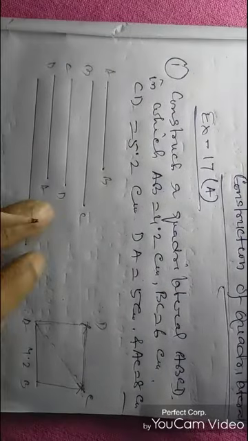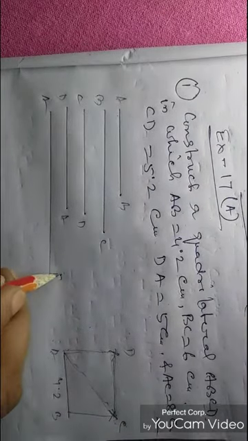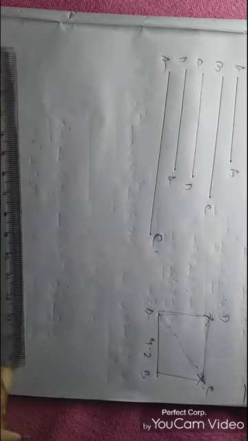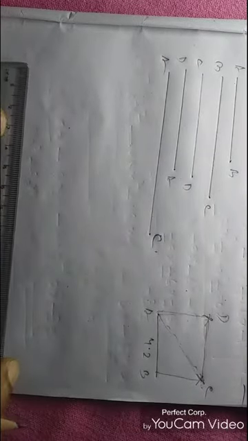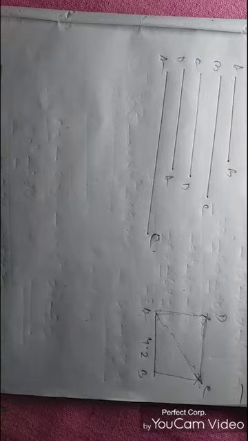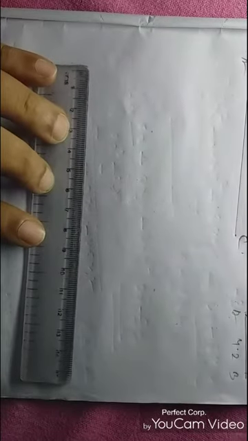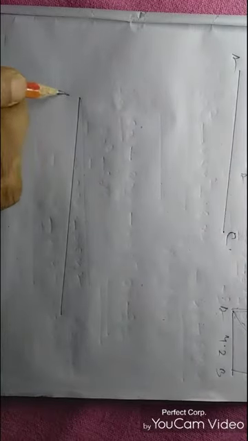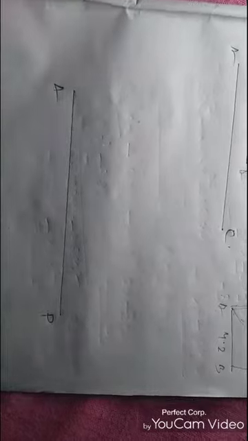Now these are all the dimensions of the quadrilateral. Now take the base AB over here. Just take any line, with a point A and suppose P. From AP, draw AB.